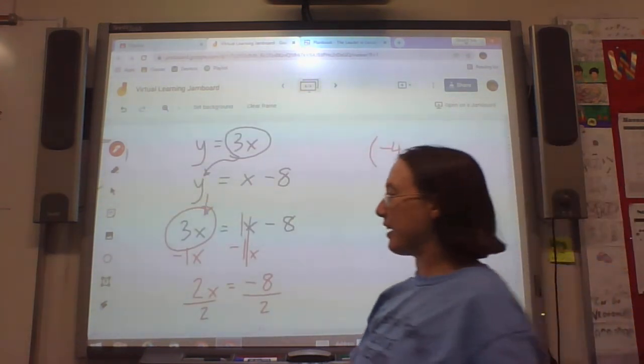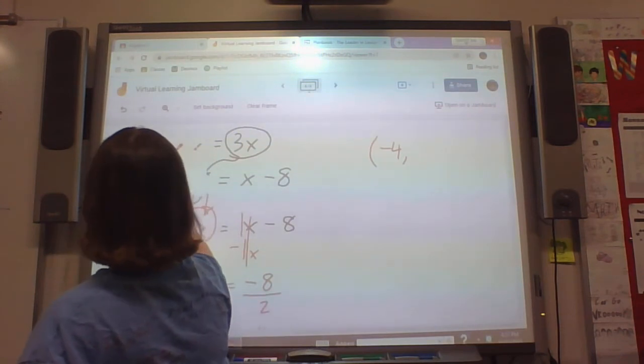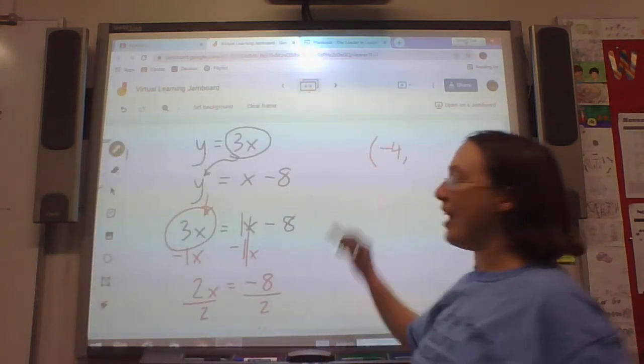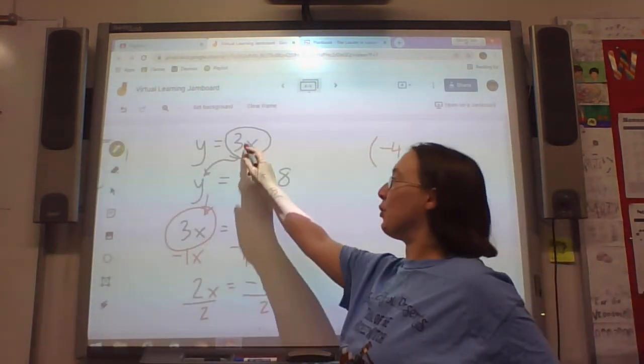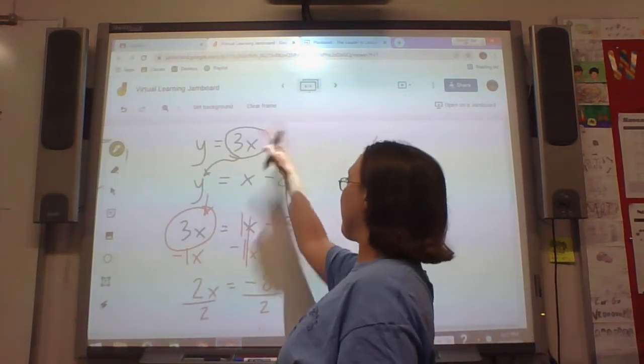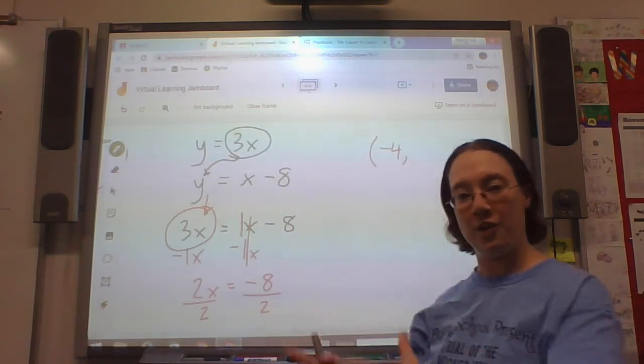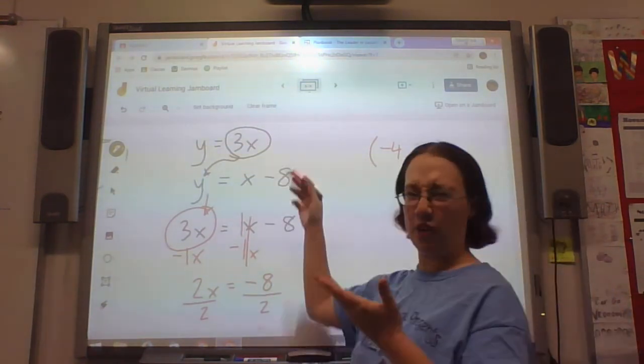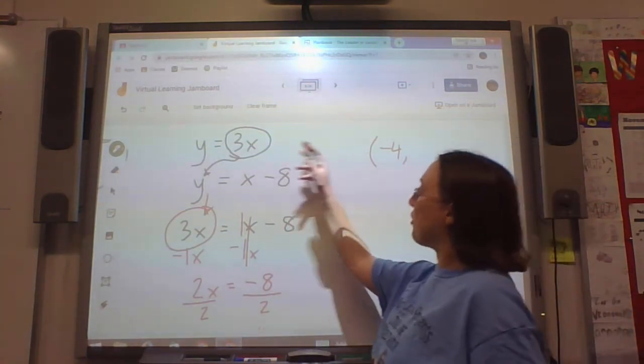And then if we want to find that something, we're going to go back and plug that negative 4 in for x. And again, you could do that either here or here. Either one's fine. If you've got one equation that's a lot simpler than the other, then you'd want to use that one. But these ones, six of one, half dozen of the other, either one's going to be pretty nice.